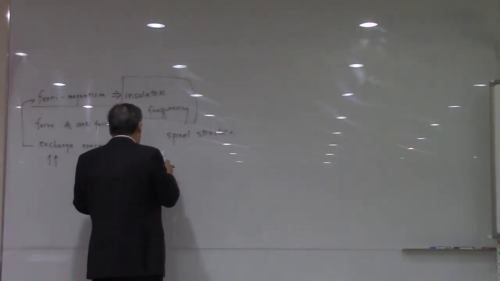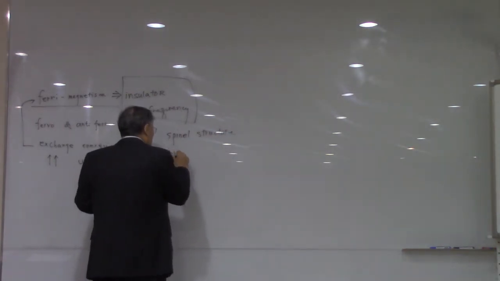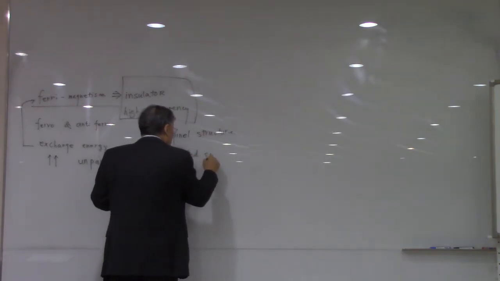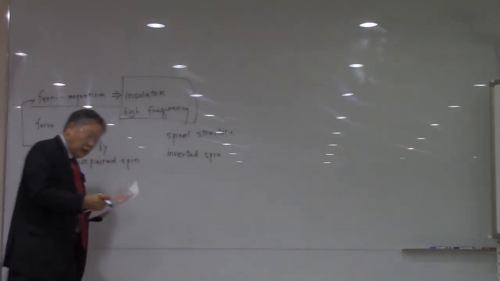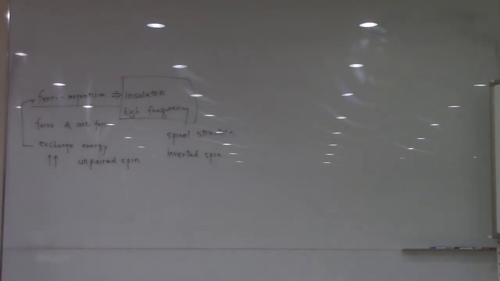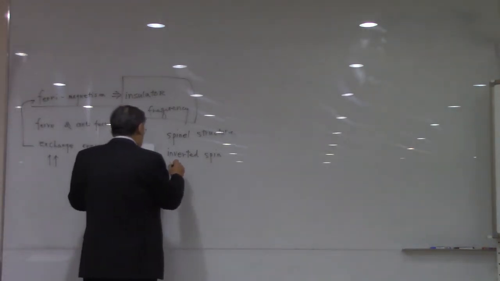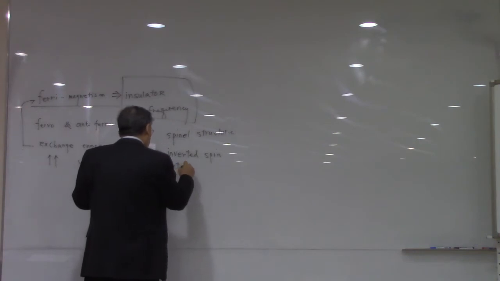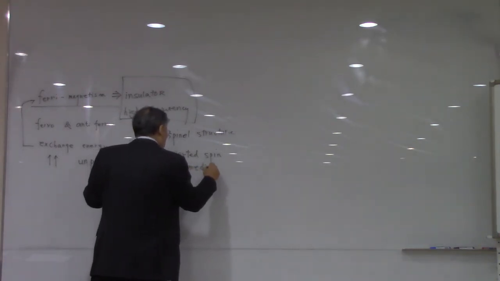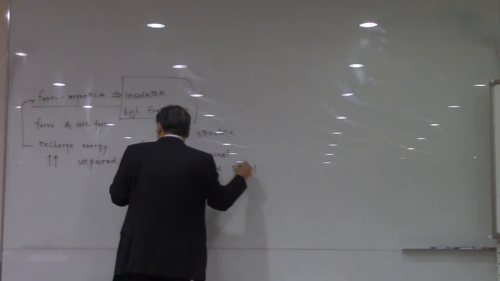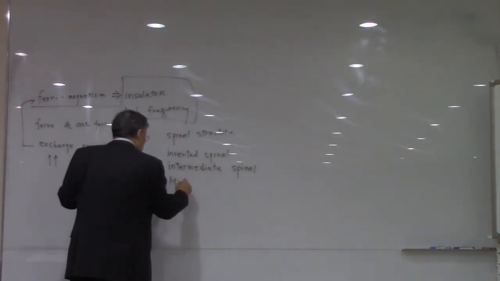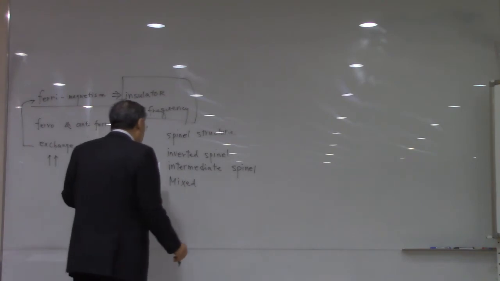And another system is the inverted spinel structure. And we can see some materials which are going to be called intermediate spinel. And also there is a mixed ferrite.